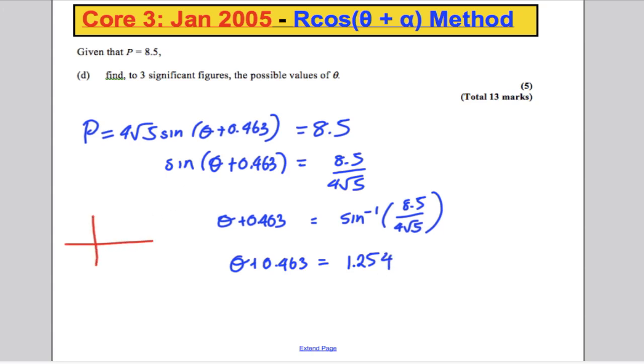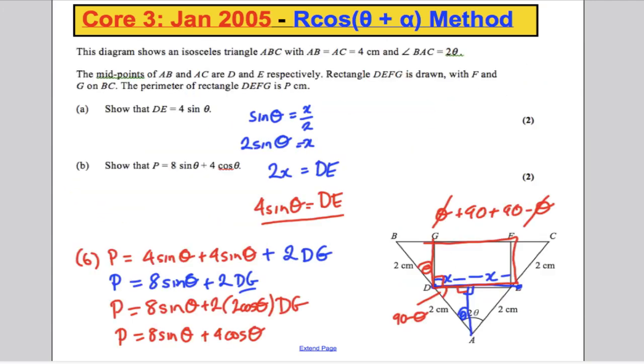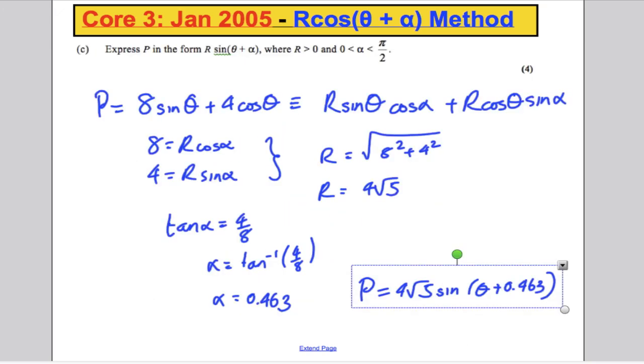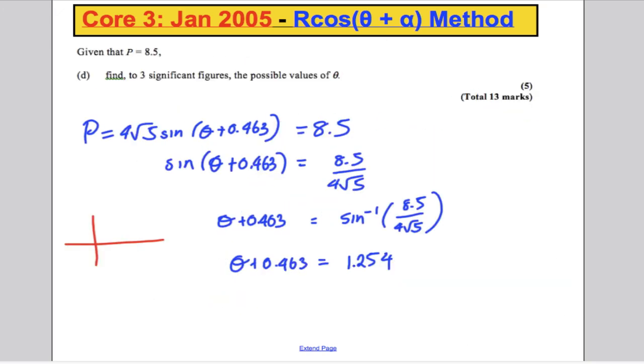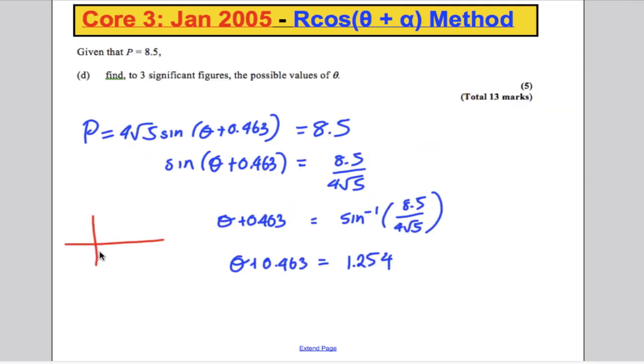Okay, what graph are we drawing? We're drawing the sine graph. We're trying to find theta, and looking back at the original picture, theta is clearly an acute angle, so theta is a small angle there.